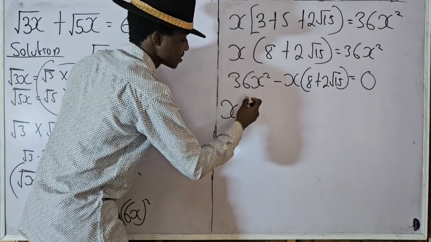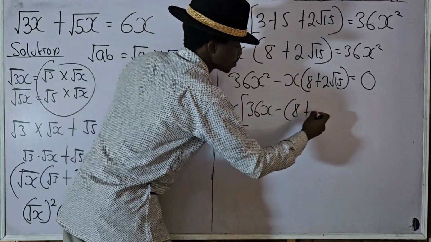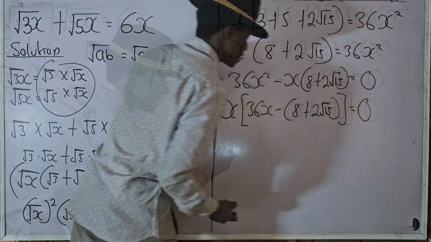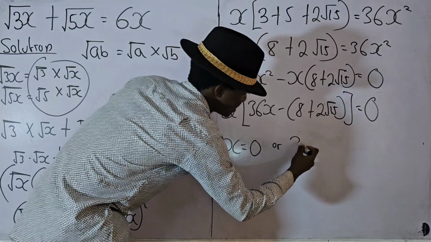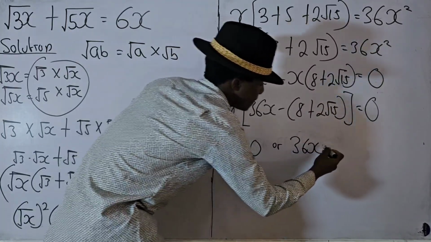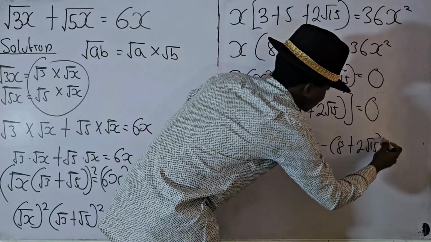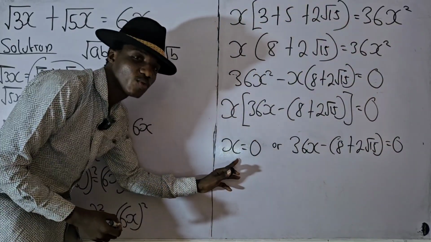I'm going to have x multiplied by 36x minus 8 plus 2 root 15. This will be equals to 0, right? We're going to have x equals to 0 or 36x minus 8 plus 2 root 15 equals to 0.